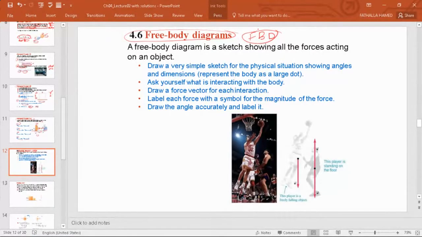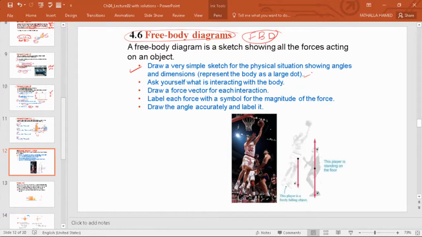So you always look at an object and you look at the forces that are acting on that object. First point, draw a very simple sketch for the physical situation showing angles and dimensions, representing the body as a large dot, usually from the center of the mass.